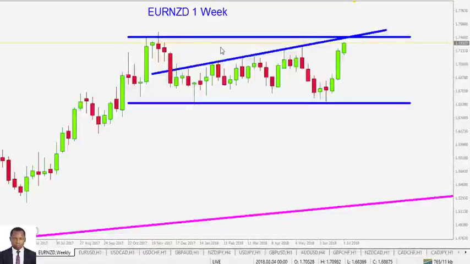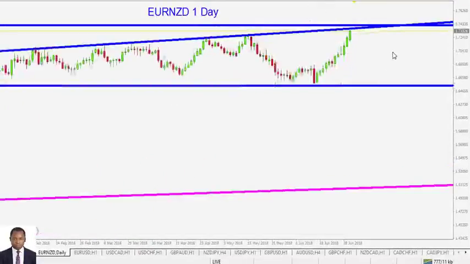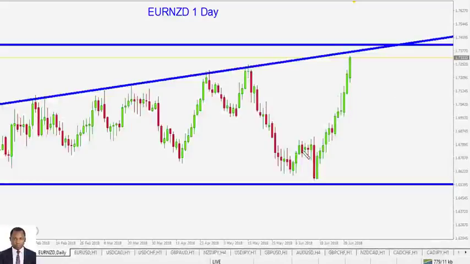So at this point of confluence, the best thing to do is to wait for market reaction and look for possible short opportunities. But if price breaks above, then wait for the pullback and search for a continuation move. For now, too risky to go long against that level of resistance. It is happening in the weekly and in the daily time frame.